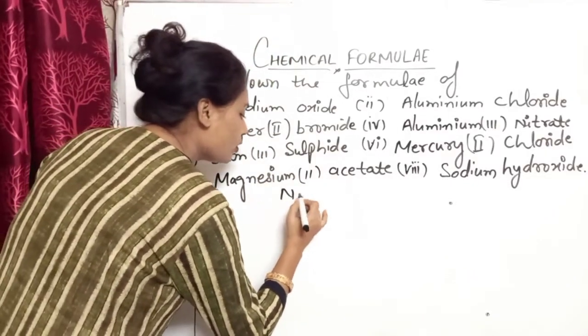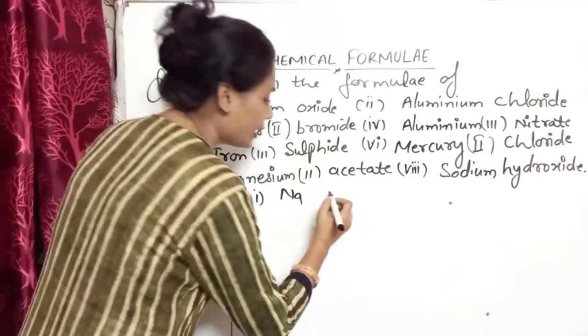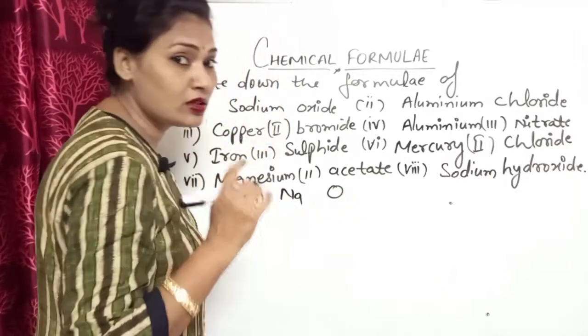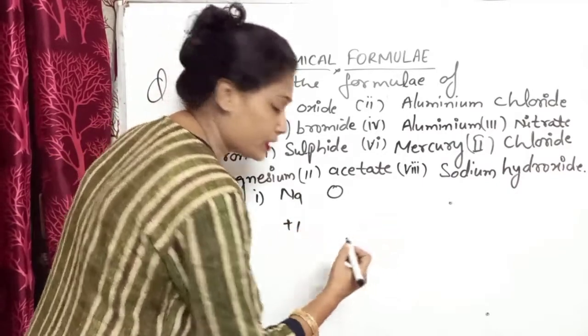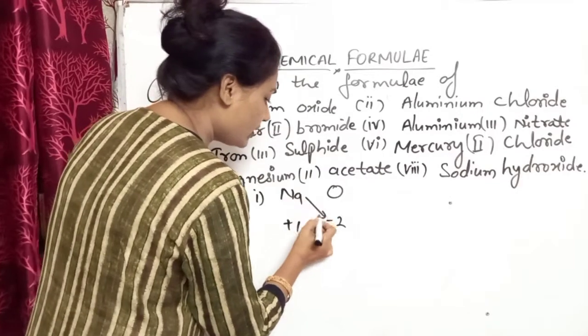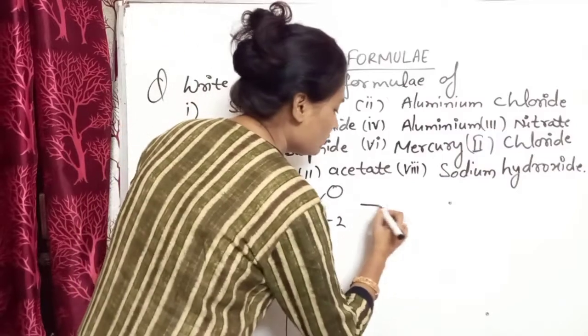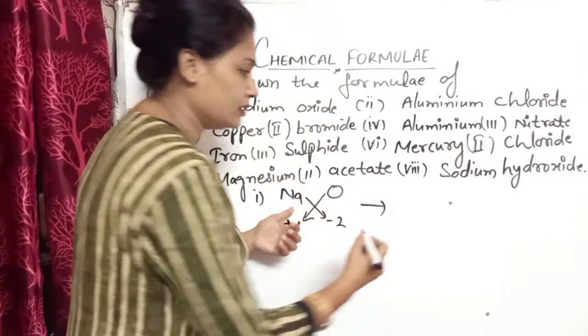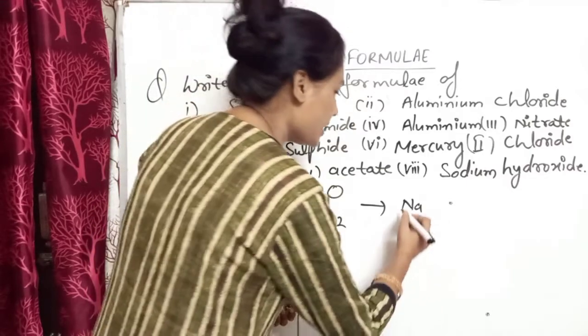So sodium oxide: the symbol is Na and the oxide symbol is O. The valency of sodium is +1, or you can write 1, and oxygen is -2. Now what will we do? We will just cross over the valency. Now we will write the valency at the base by crossing it.